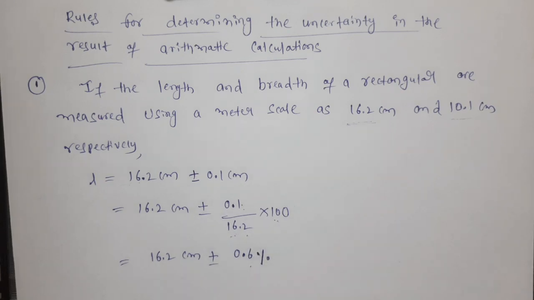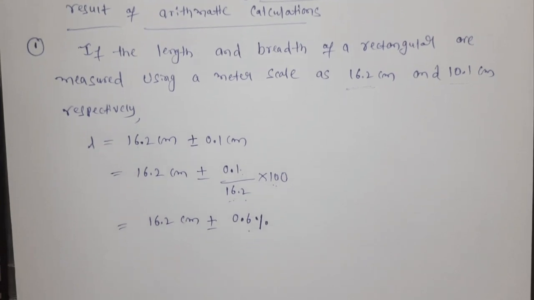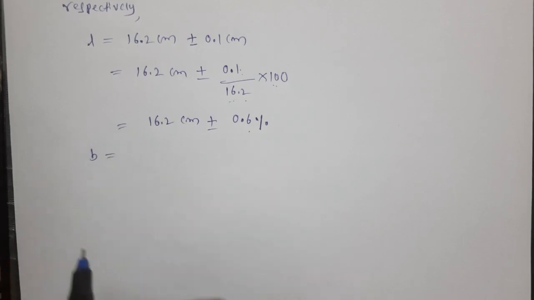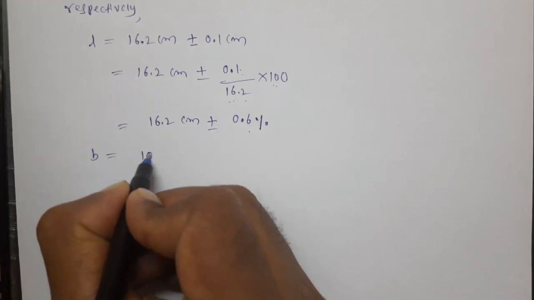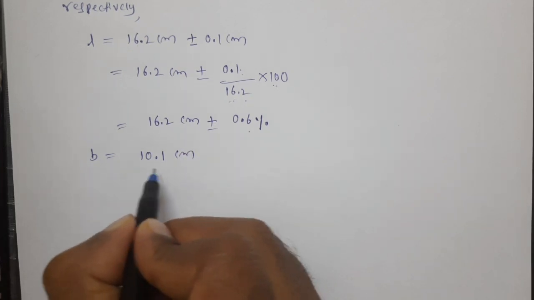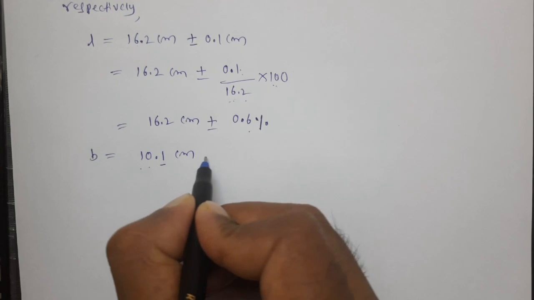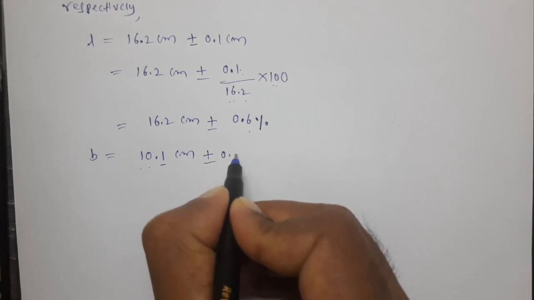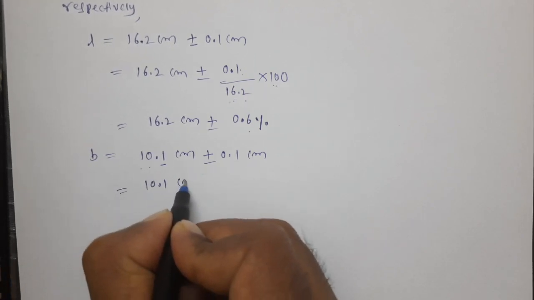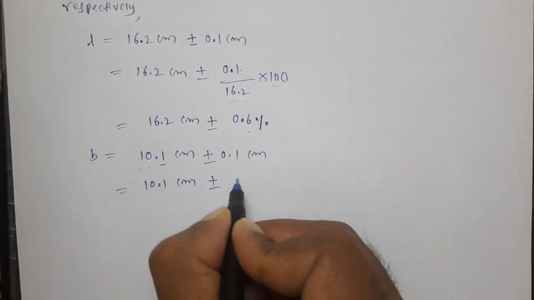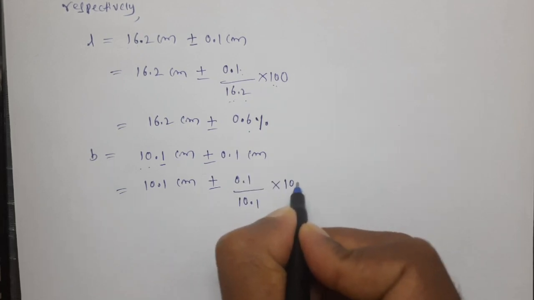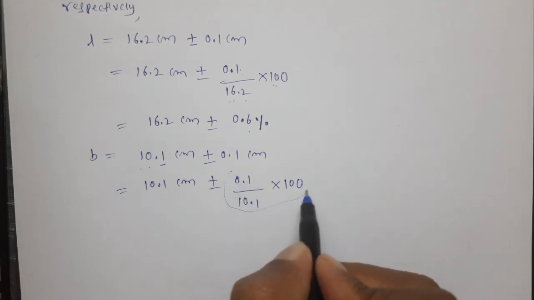In a similar manner, now can we write the value for B? We wrote L here. Now let us write B. B is 10.1 centimeters, the measured value without error. These two are reliable digits, but the last is an uncertain digit, so we can write plus or minus 0.1 centimeters. Now let us write this in terms of percentage error: plus or minus 0.1 divided by 10.1 times 100.